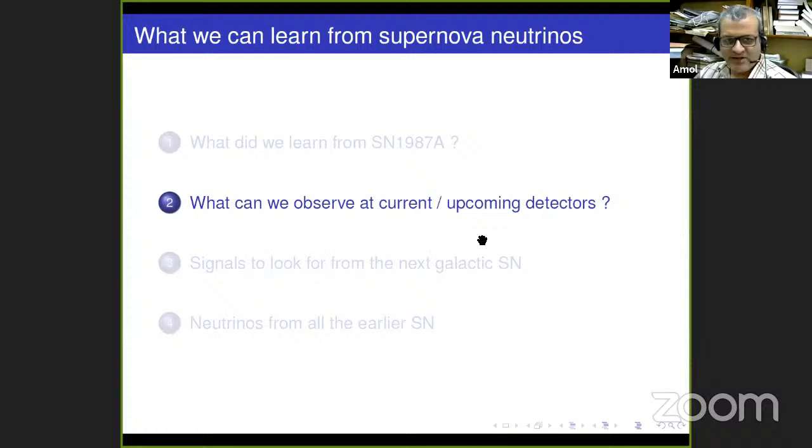I will of course give only a limited perspective from the theory side. Whatever I know about detectors is quite limited, but Professor Kate Scholberg, who will give the concluding lecture, will talk about this in more detail. So let me give you a short summary of what it is that we should be looking at.